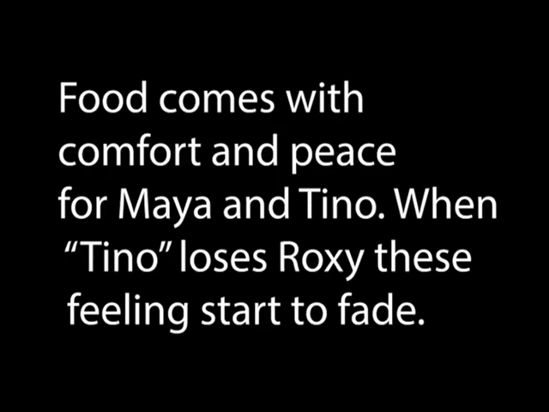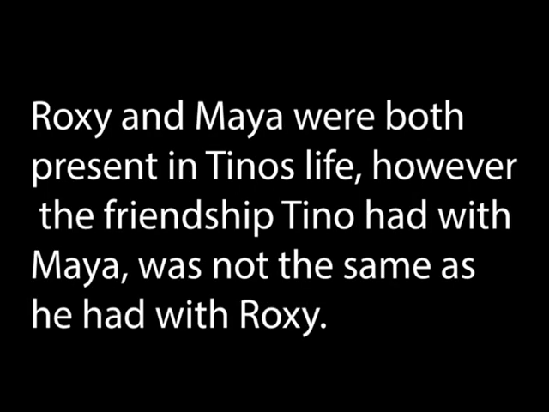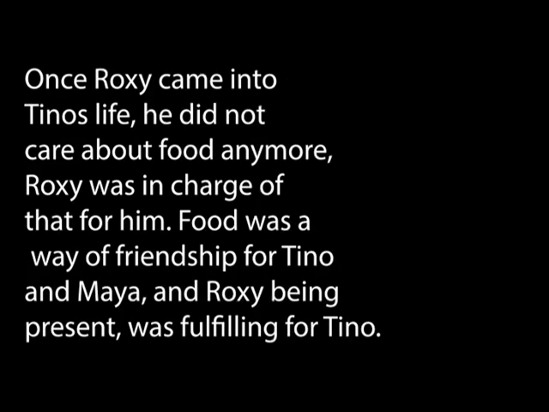In the life where Bailey is a corgi named Tino and he's living with Maya, he actually has two symbols. Food comes with comfort and peace for Maya and Tino. When Tino loses Roxy, these feelings start to fade. Roxy and Maya were both present in Tino's life, however, the friendship Tino had with Maya was not the same as he had with Roxy. Once Roxy came into Tino's life, he did not care about food anymore.